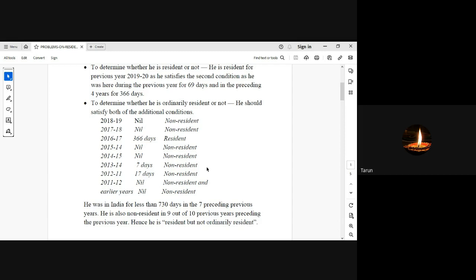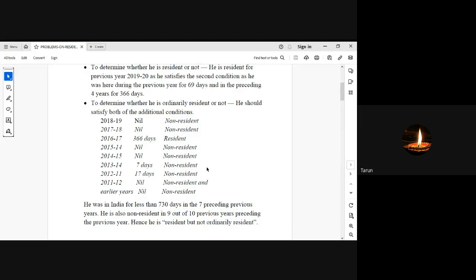So he has not fulfilled the additional conditions. If he has not satisfied the two additional conditions, it means he is not ordinarily resident.